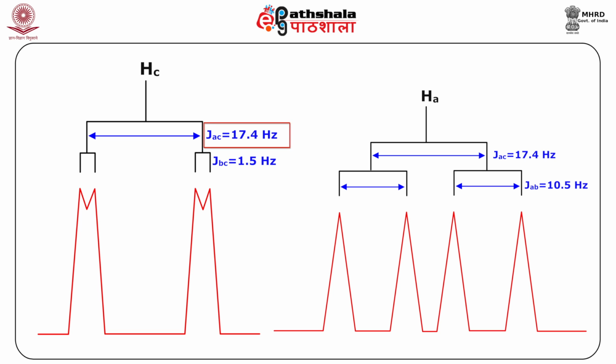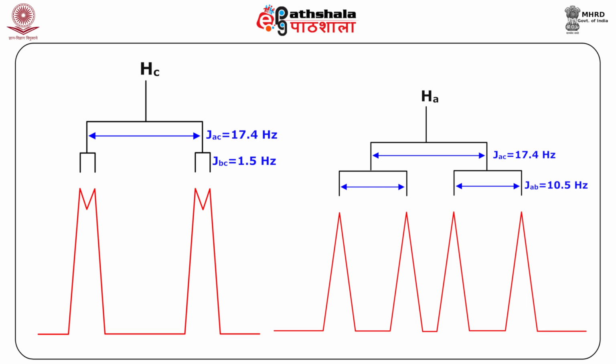Now in addition, each of these lines in the doublet is further split by HB geminal coupling into 2 more doublets, each with a small coupling constant of 2JBC equal to 1.5 Hertz. This type of pattern is referred to as doublet of doublets, also abbreviated as DD. Now you can see a doublet of doublets and its J value here in this figure.